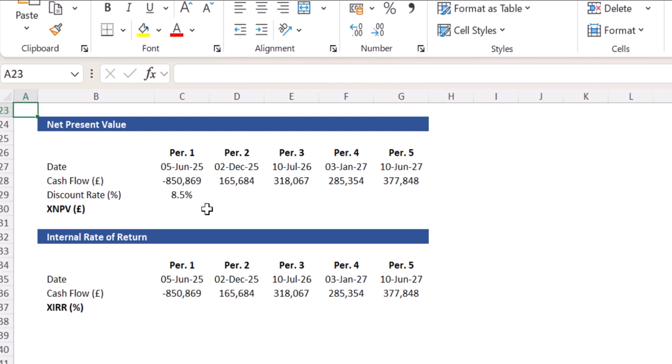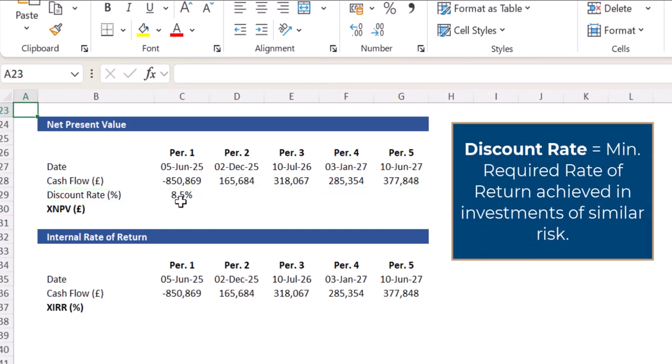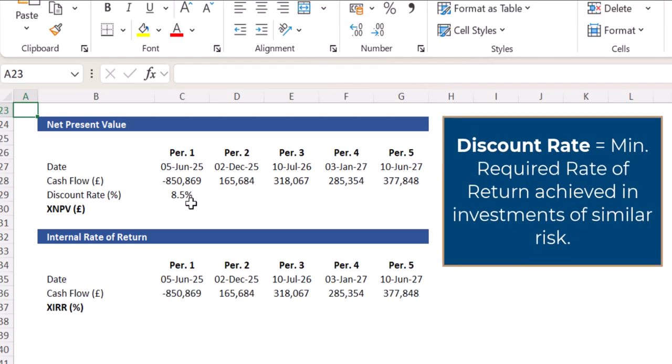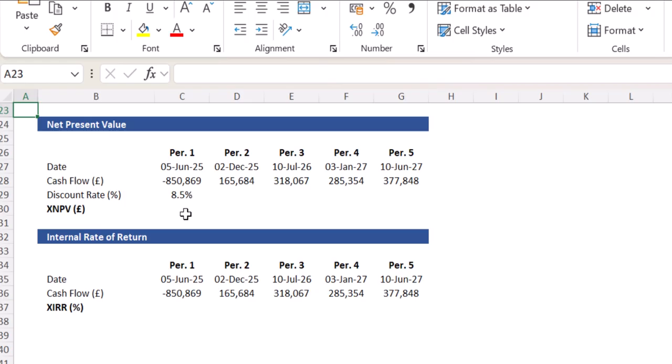Now note that if we are talking about present value, we need a discount rate. This discount rate is basically the minimal required rate of return which you can get in any alternative investment of the same risk.